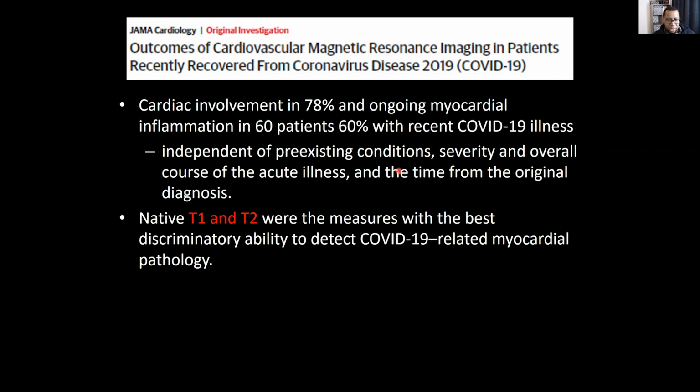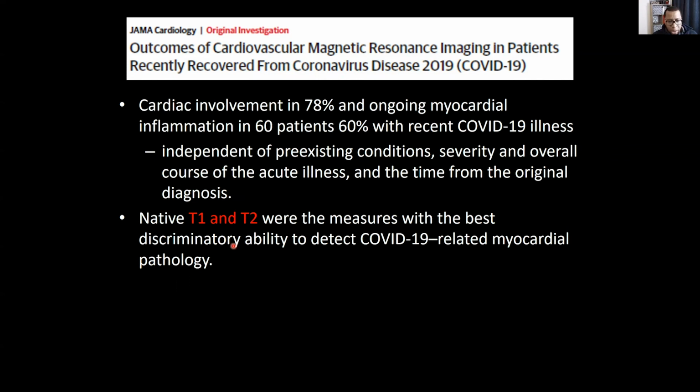Independent of pre-existing conditions, severity, overall course of acute illness, and the time from original diagnosis. So they found even patients who were discharged a week versus 2 weeks later all had this cardiac involvement, which is kind of scary, right? Because they're saying, regardless of severity of your disease, you could have cardiac inflammation.